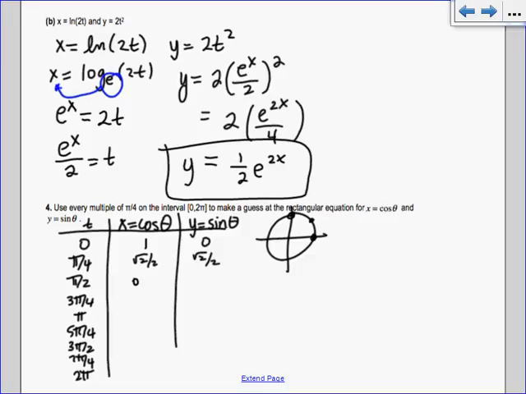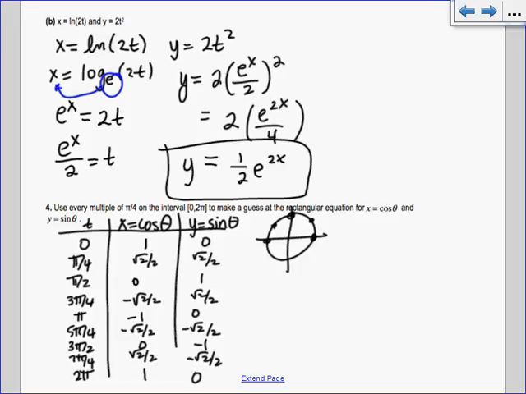And then I'm going to have 0 and 1. And then I'm going to have negative root 2 over 2 and root 2 over 2. And then I'm going to have negative 1 and 0, and so on. So I get negative root 2 over 2, negative root 2 over 2, 0, negative 1, root 2 over 2, negative root 2 over 2, and 1 comma 0.